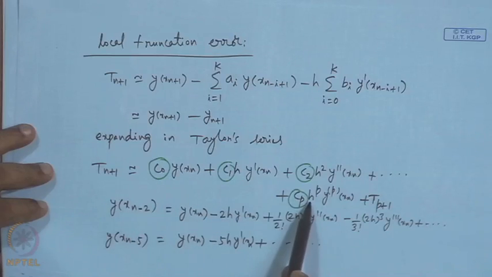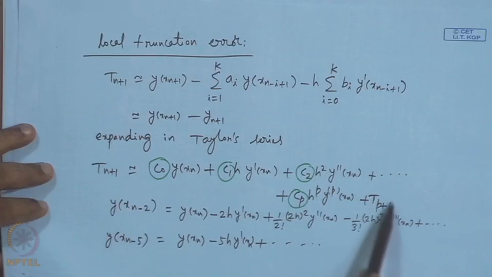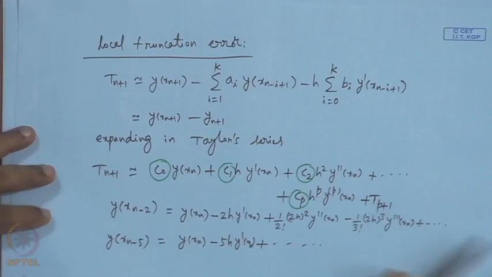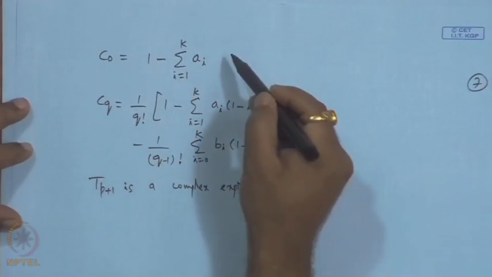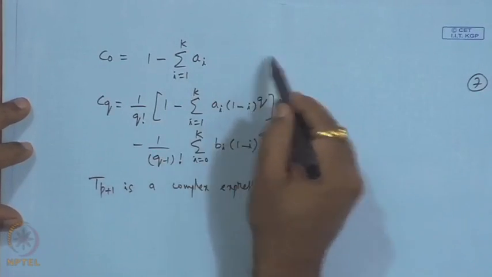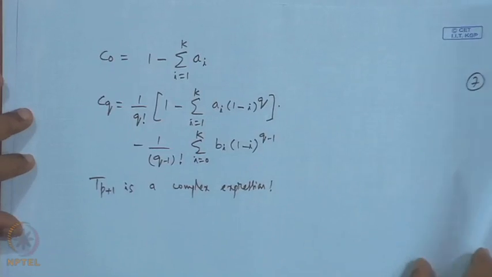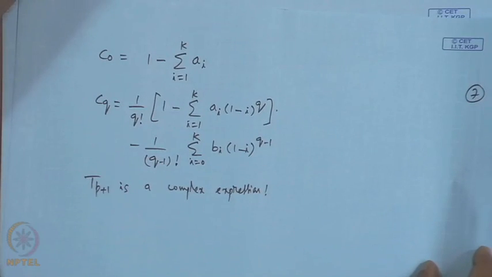C 0, C 1, C 2, up to C p, and from here C p plus 1 is non-zero, hence the error is coming from this term. Okay. So, that means in order to determine, we have to force each of these equal to 0 and solve the system. Okay.